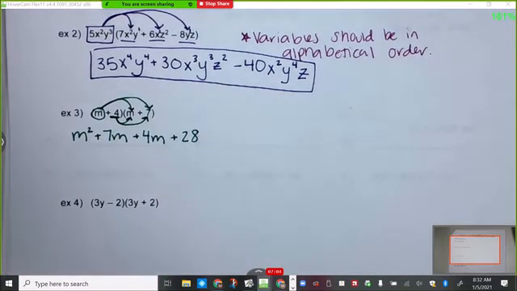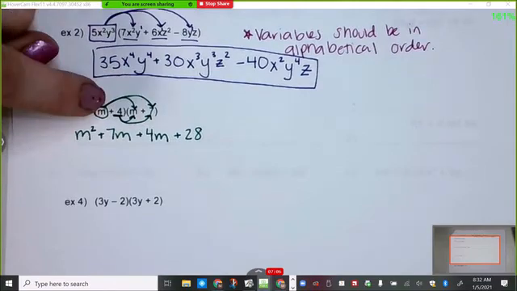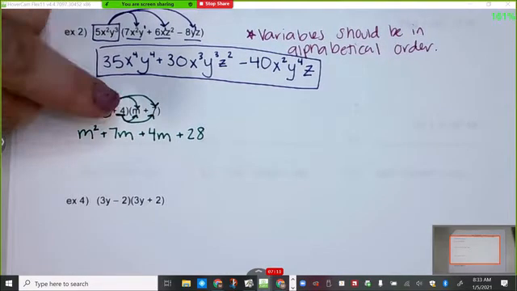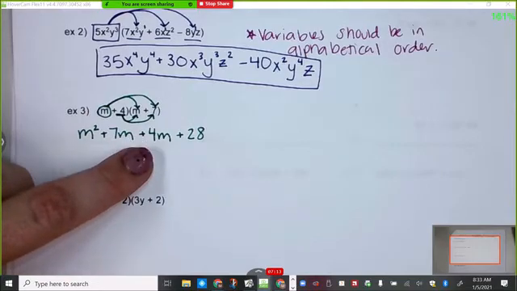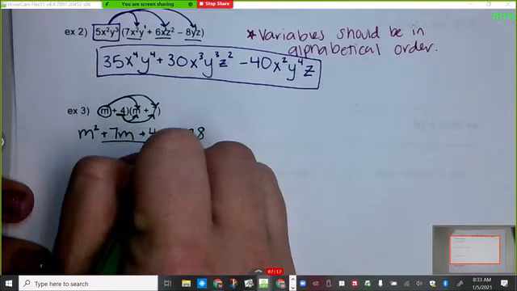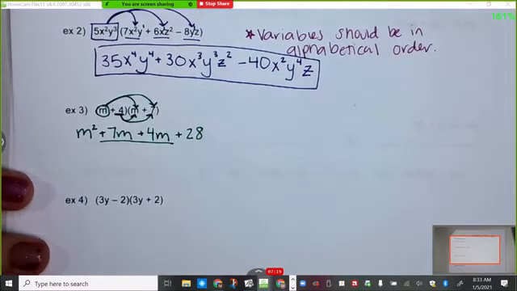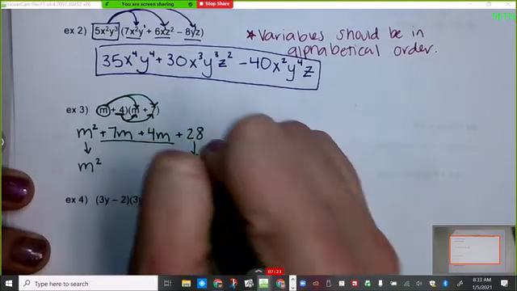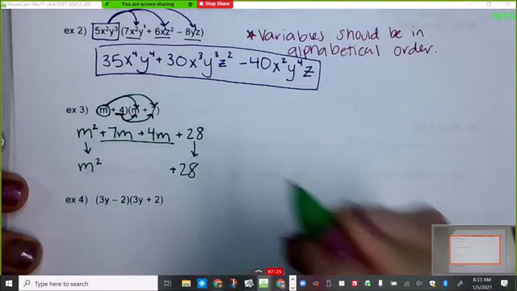Okay. When they're little binomials like this and they're both in standard form, highest degree first, the middle two should always be like terms. Okay, are 7m and 4m like terms? Yeah. Okay, there's no other m squared, so I can just bring that down. There's no other number without a letter, the constant, so we just bring that down.